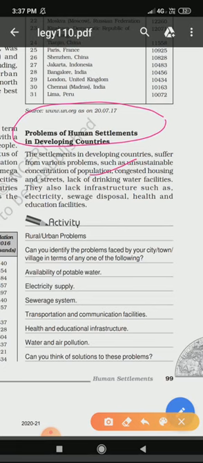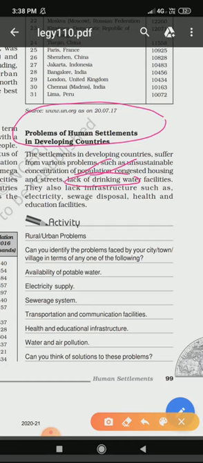And second, we can say water problem. And third is sewage. As per the population, if population is growing, obviously there will be extra sewage, extra waste, and extra water required. Clear?